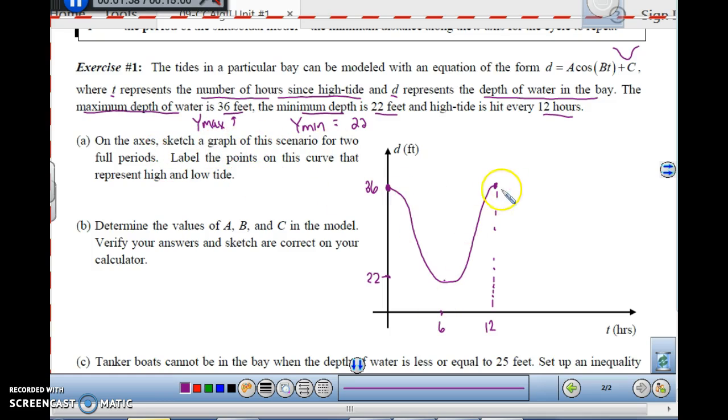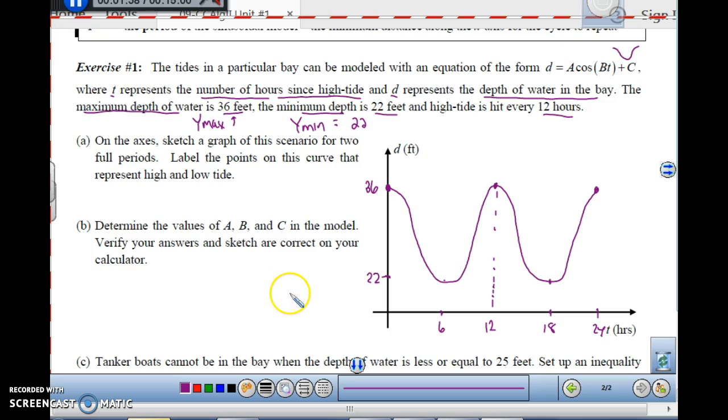So this is 1 full period, and then this would be 2 full periods. It's going to happen again. So that would be 24 hours at the end. This would be 22 again. And since this is halfway between 12 and 24, this is going to be 18 right here. So your graph is going to look something like this.